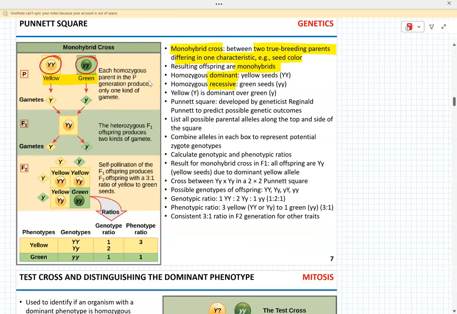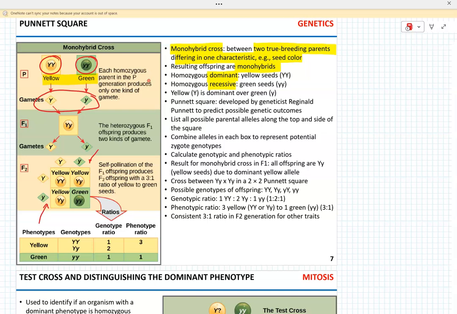So how do you approach the Punnett square? You need to list all possible parental alleles along the top of the square and the side of the square. The alleles that can be produced by true breeding plants are only uppercase Y from the yellow plant and lowercase y from the green plant.